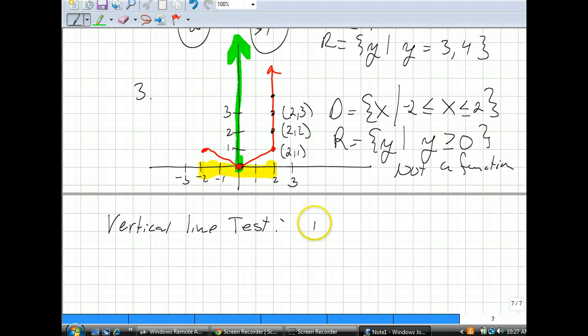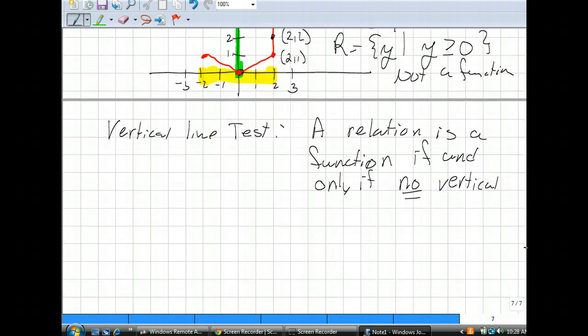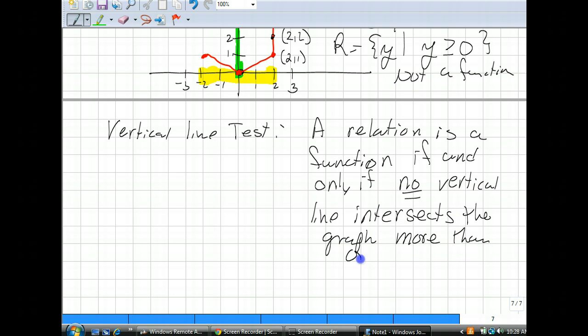It says a relation is a function if and only if no vertical line intersects the graph more than once.